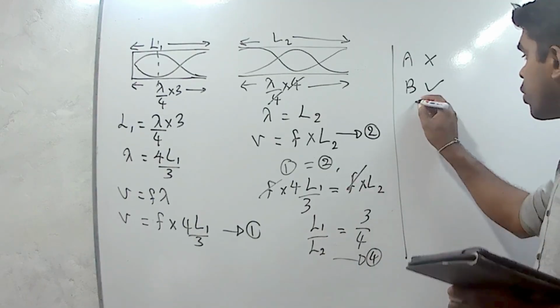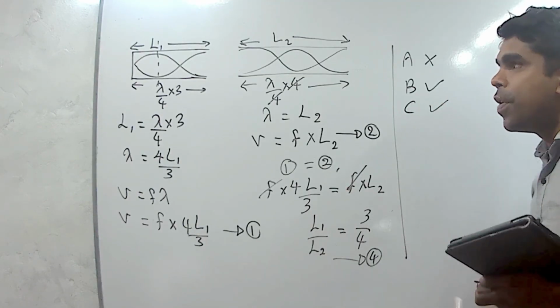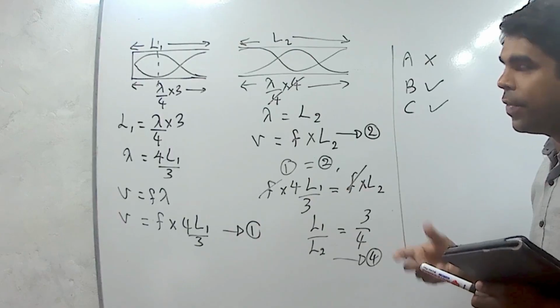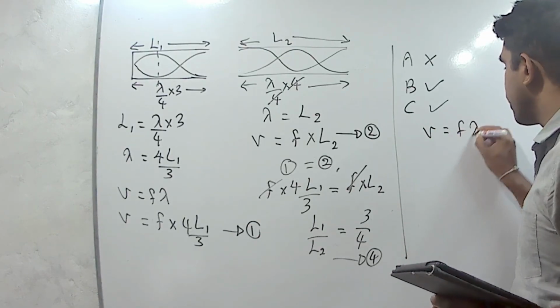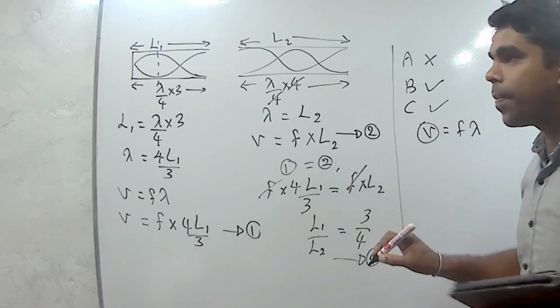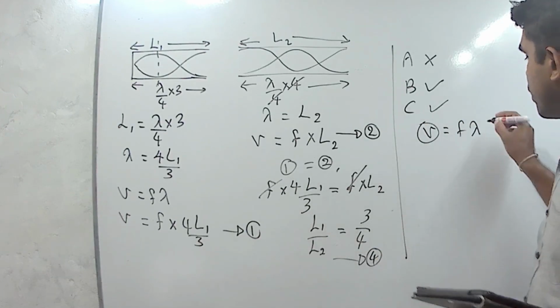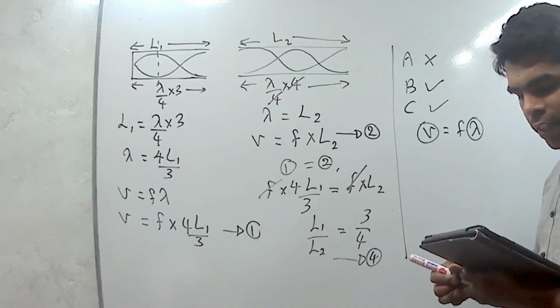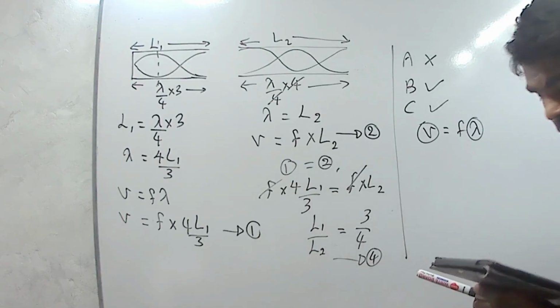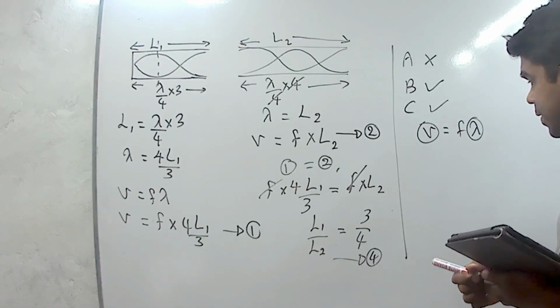Yes, it's also correct. We know that with change in humidity, the velocity of sound is changing. V is changing. Therefore, wavelength should change with humidity. Then C is correct.